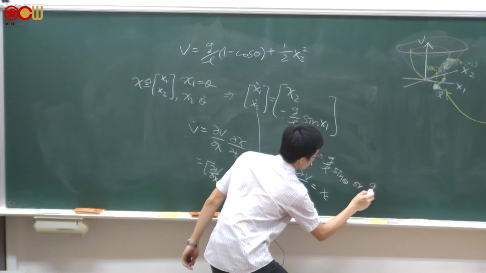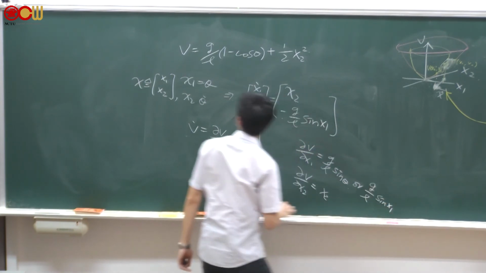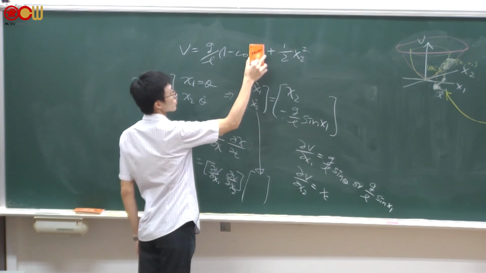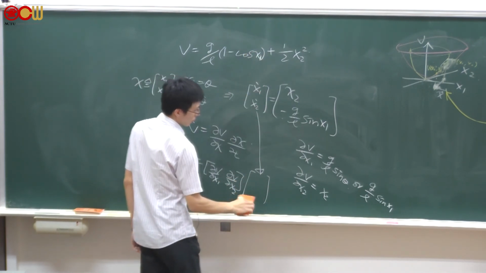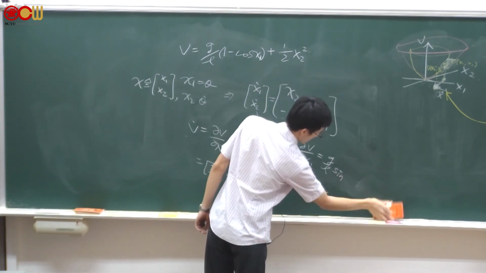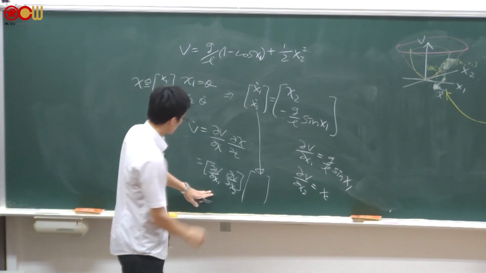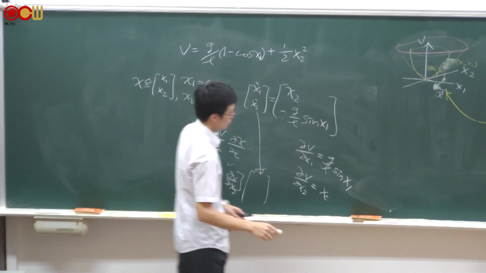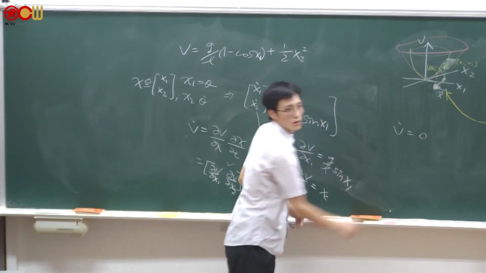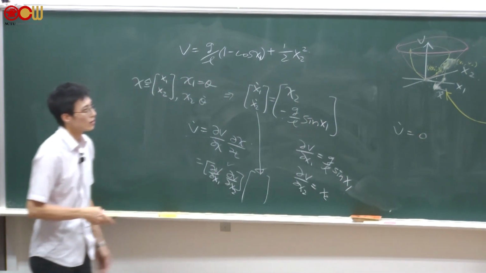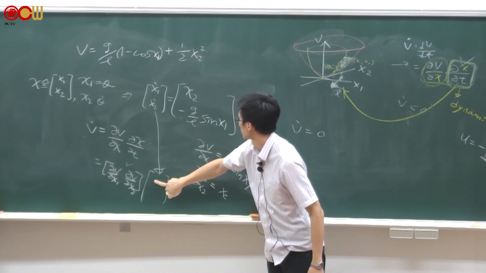Or g over L sin x1. Maybe I just change to x1, to make the whole process simpler. So this is known. So what is v dot? V dot will be 0. So this times x1 dot, right?